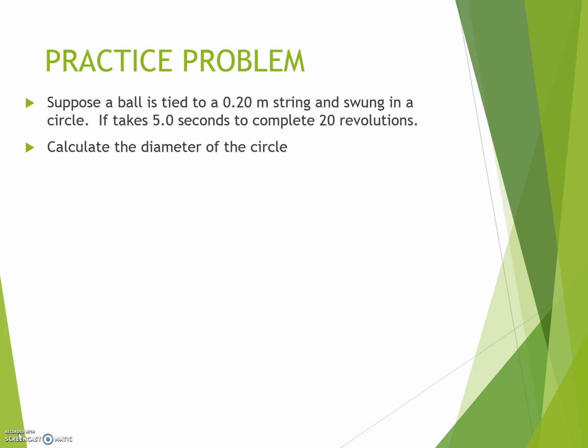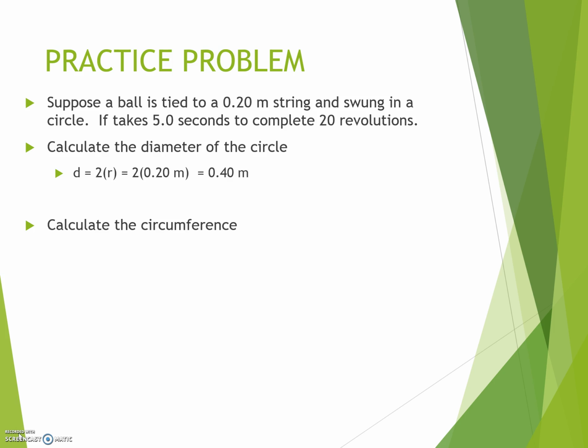That 0.20 meters is considered to be the radius of the circle. So if we want to calculate the diameter, we know that diameter equals 2 times the radius. So we would take 2 times 0.20 meters, and that would tell us that the diameter is 0.40 meters.